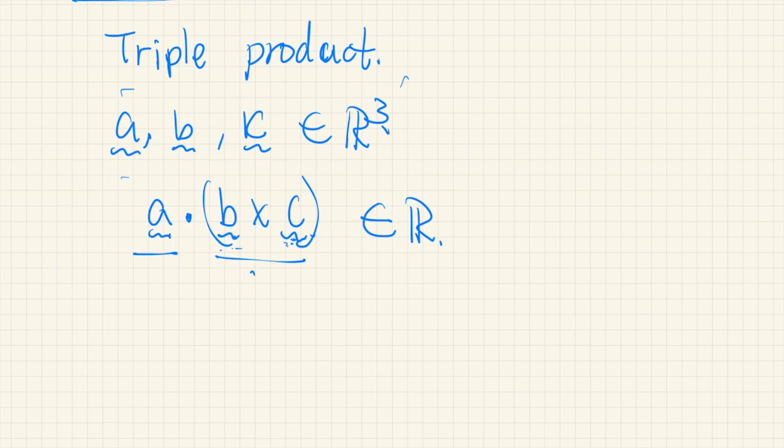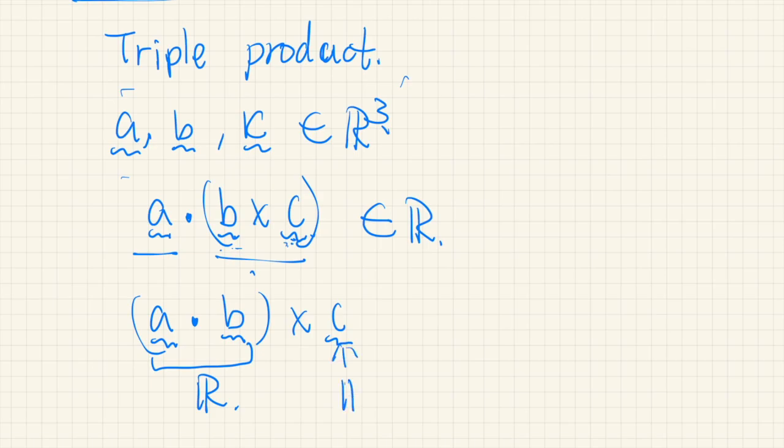Otherwise, it doesn't make sense, right? Because if we mean this, then the result of this scalar product is a scalar, but this is still a three-dimensional vector. We cannot define the cross product, or the vector product, between a scalar and a three-dimensional vector. So this doesn't make sense. So if we just write without parentheses, we mean this.